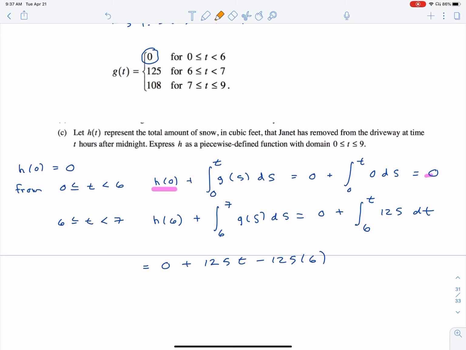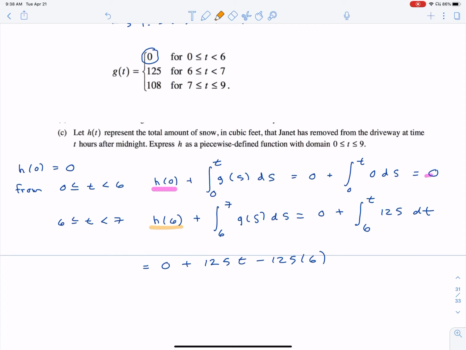Okay, so in order to look at how much snow she has removed for this second part, we had to say, first we need that initial quantity. How much has she removed initially? We need to know that. So that's h of 6. That represents how much snow she's removed from time 0 to time 6.